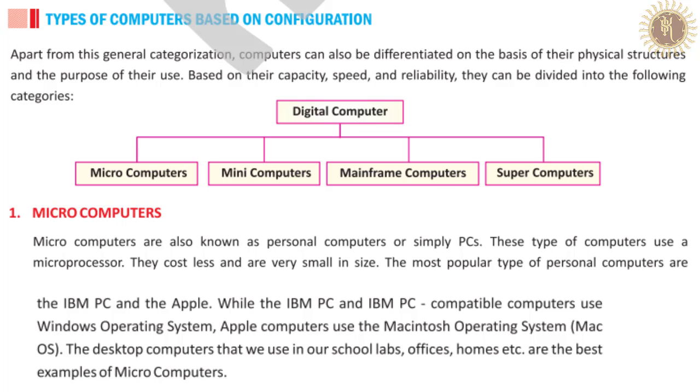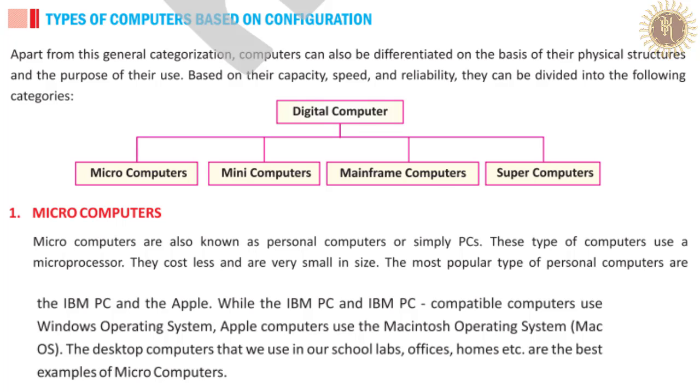1. Microcomputers. Microcomputers are also known as personal computers or just PCs. These types of PCs utilize a single chip. They cost less and are extremely small in size. The most well-known kinds of PCs are the IBM PC and the Apple.